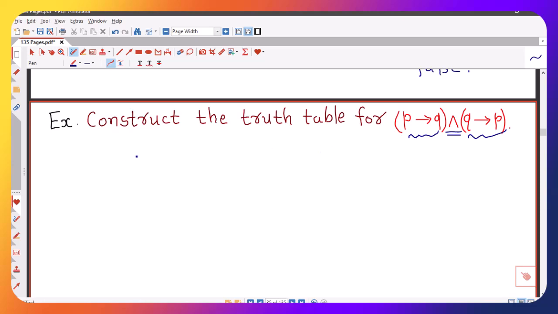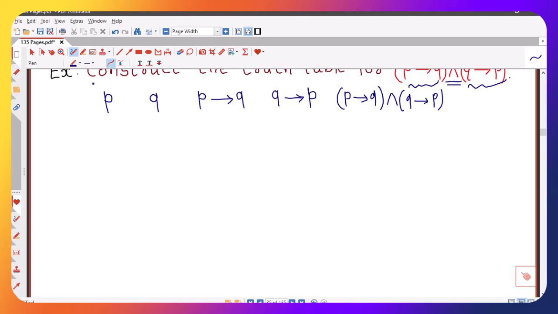So here also I have P and Q. So first I have to write down different possible truth values for P and Q. Then here I will write down P implies Q. I require Q implies P also, and after that I will take the conjunction of P implies Q and Q implies P. So first we write down different possible values for P and Q, T, T, F, F. Here I will write T, F, T, F. Now by the definition, this is false if P is true and Q is false.